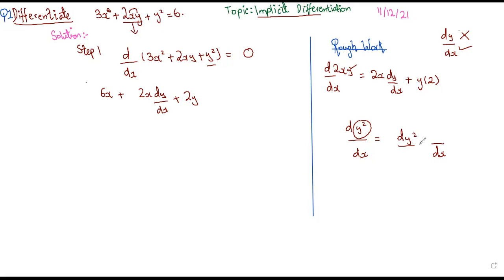So the only variable I can differentiate y square with would be y, right? So I will be differentiating it with respect to y, right? Yes. And we know that these two things are same, so you'll have dy here, okay? This is how you use the chain rule, okay?